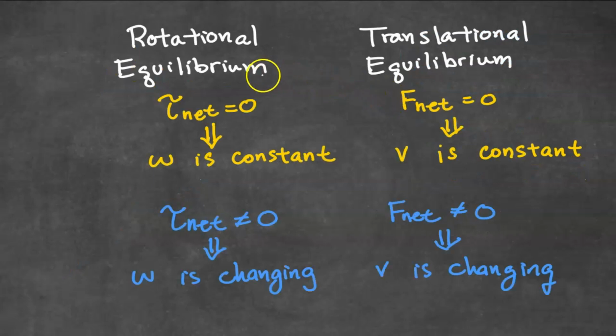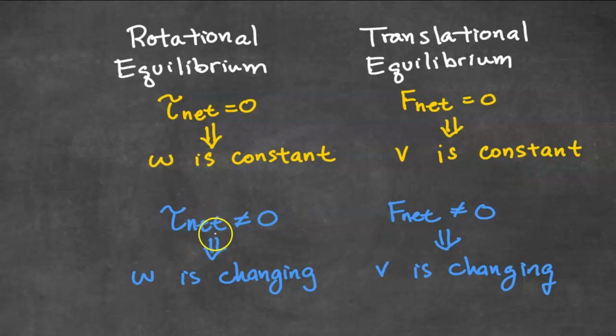Now we're going to take a look at equilibrium. So we have both a rotational equilibrium and a translational equilibrium, and they're different but similar. If the net torque on an object is 0, then the angular velocity will remain constant. And this is analogous to linear motion, where if the net force is equal to 0, all the forces are balanced, then we would expect the velocity to be constant.